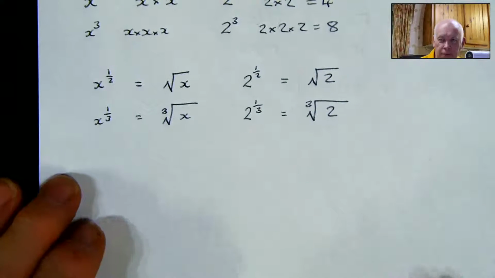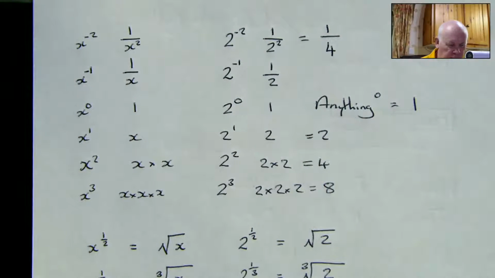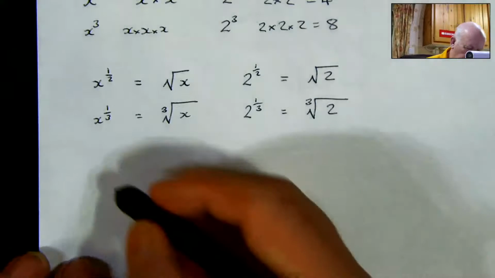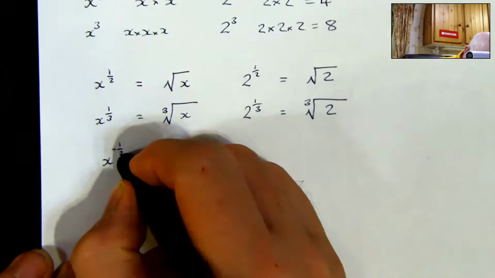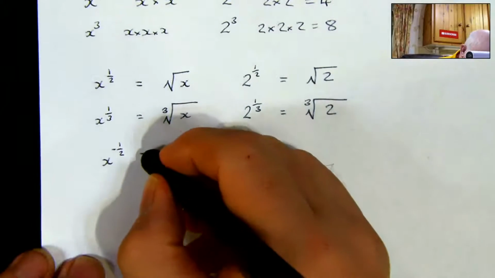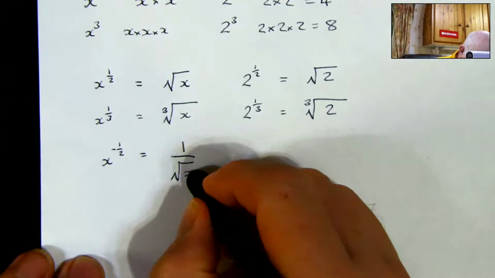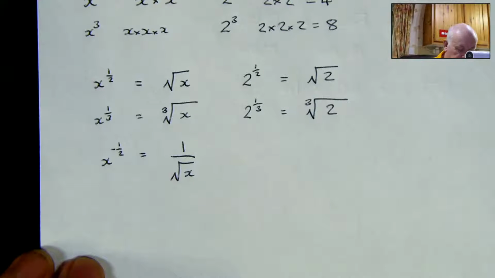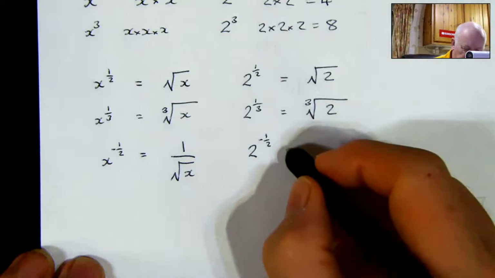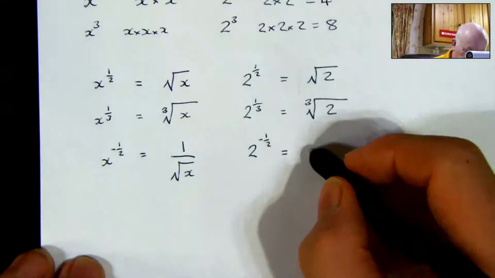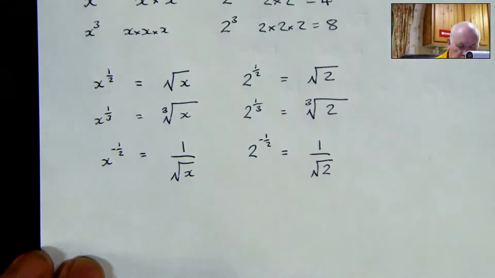Let's mix up those nasty minuses that we had at the top with these at the bottom. What happens? Well, we've got x to the minus a half. I said that minus means 1 over, so this is going to be 1 over the half, and that was the square root of x. Do it with 2. 2 to the minus a half is going to be the same as 1 over the square root of 2.